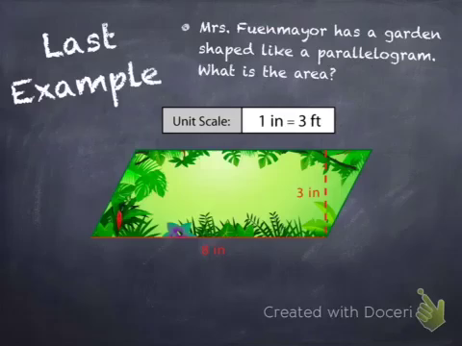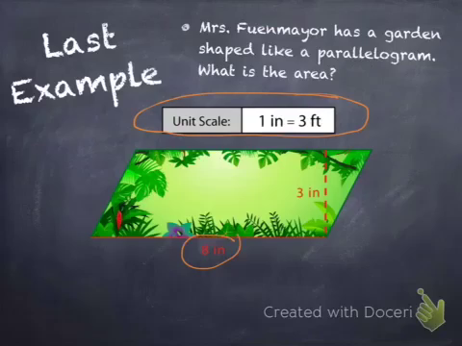So what I've done is put a unit scale up here at the top where you need to go ahead and figure out what the equivalent of 8 inches would be according to the scale, and then also what the equivalent of 3 inches would be according to the scale before you can figure it out. Or maybe you'll find a different way to do it, but that is how you get started. So I wanted to make sure that you saw that before I set you on your way. So go ahead and figure this one out, and when you're finished, bring it up to me to see if you have done it correctly.